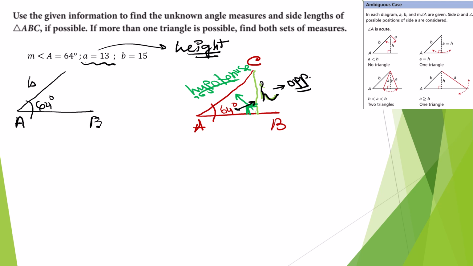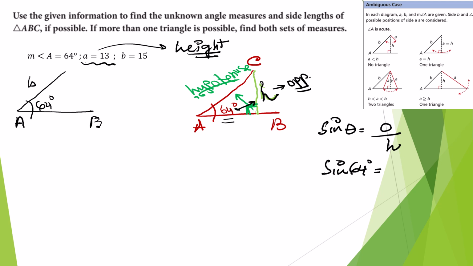Now we have a formula: sine theta equals opposite over hypotenuse. What is my theta? My theta is 64 degrees, so I will write 64 degrees here.